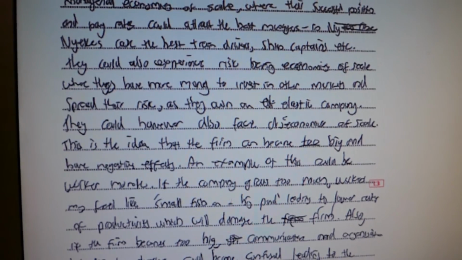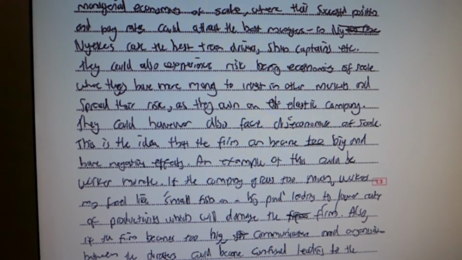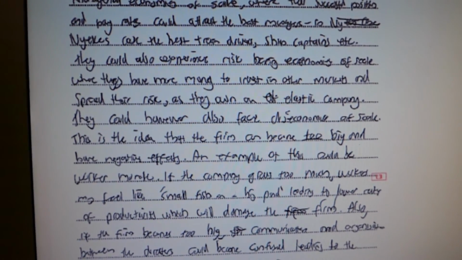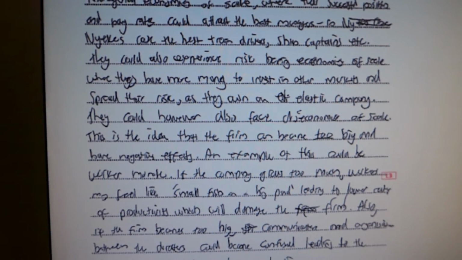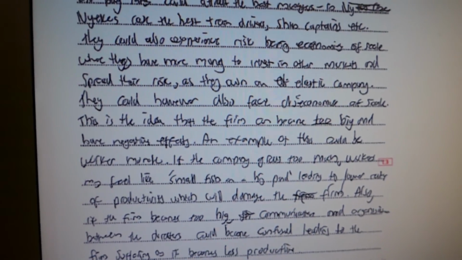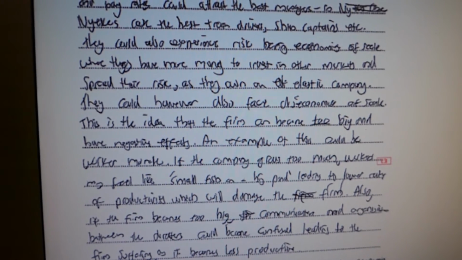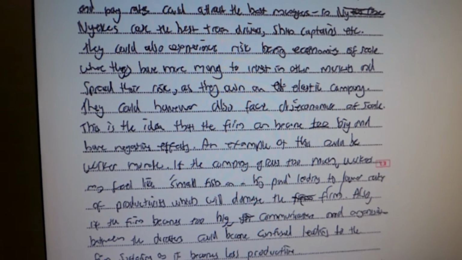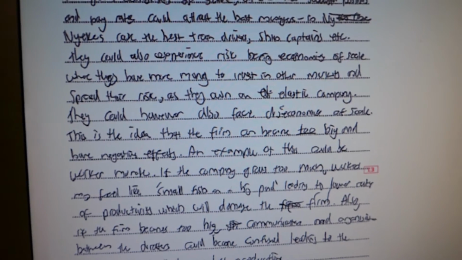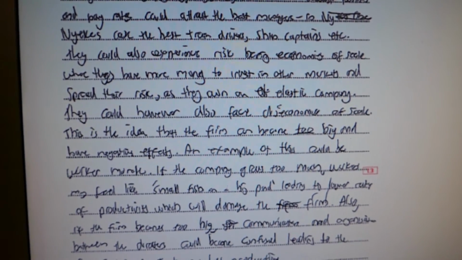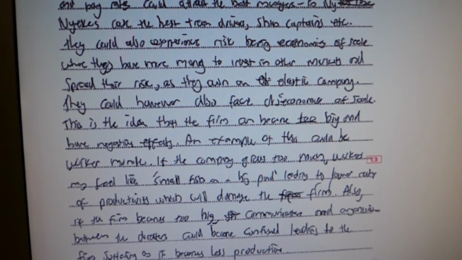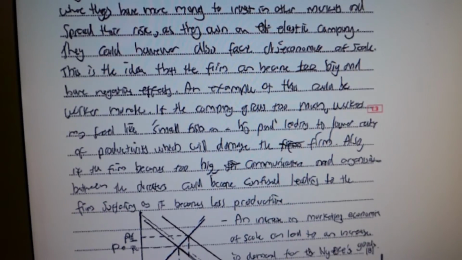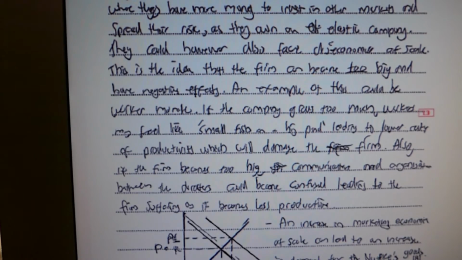They could, however, also face diseconomies of scale. So when an examiner sees on your script the word however or on the other hand, they know that you're starting into a discussion. So however, diseconomies of scale. This is the idea that the firm can become too big and have negative effects.